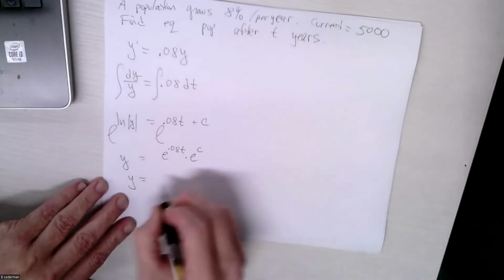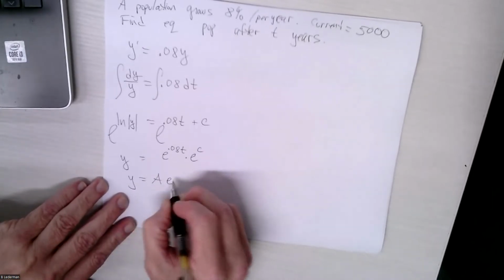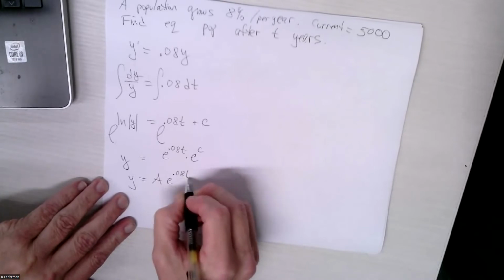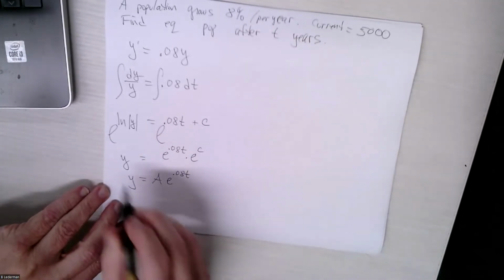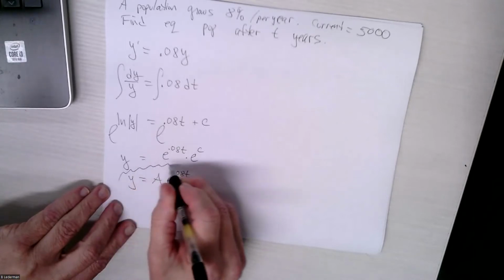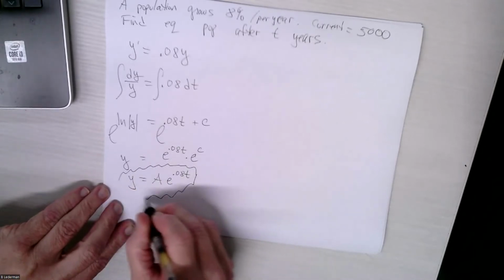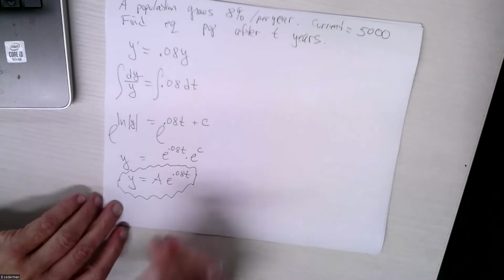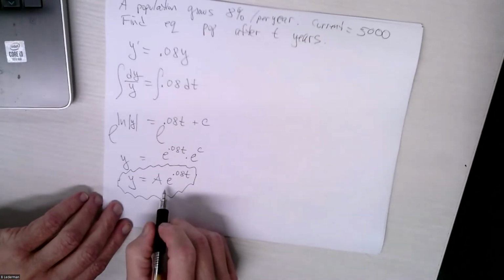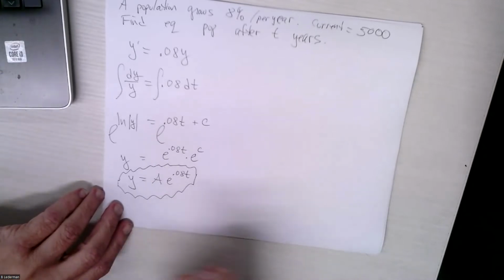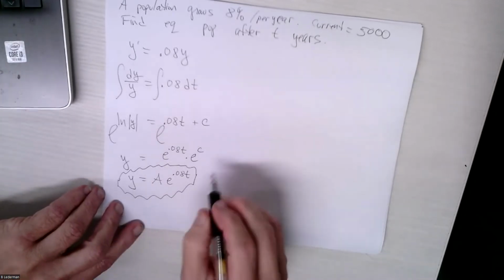So y equals a times e to the 0.08 t, and this is my equation. We now have an equation that models the population growth. But we're not fully done yet because we don't know what a is. So let's hold the celebration off for a second, and let's find a.